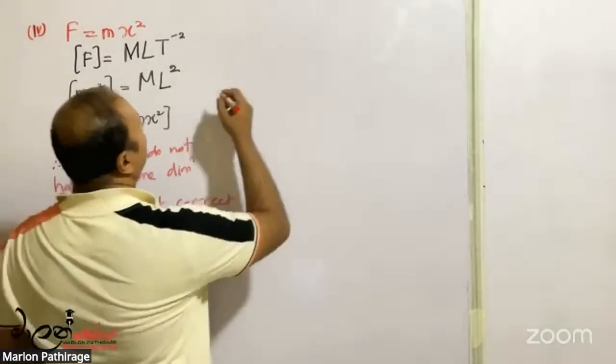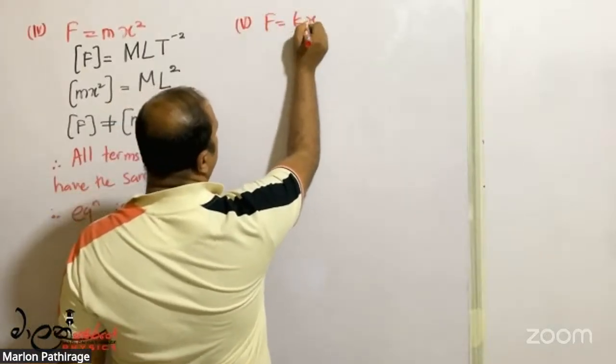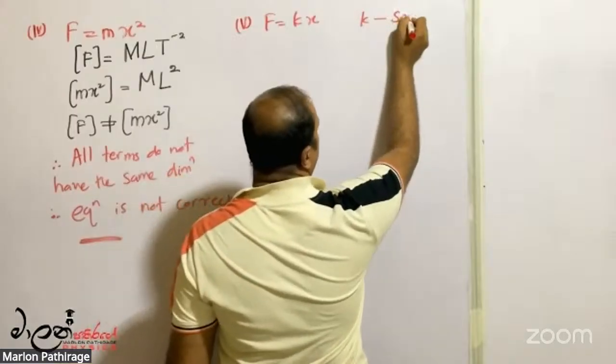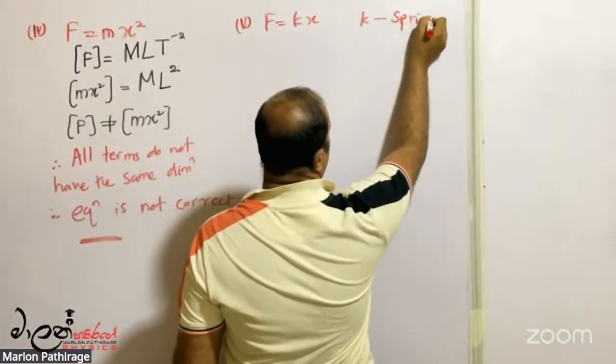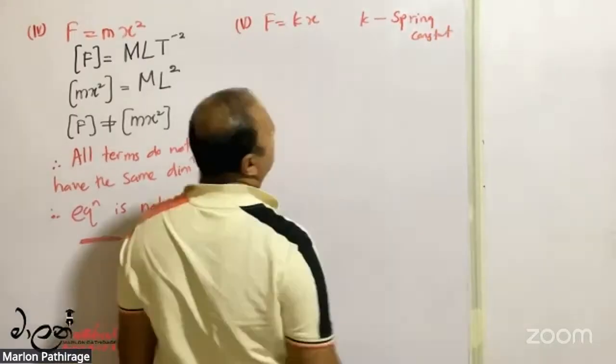Next, the fifth one. F is equal to k x. Here k is the spring constant.